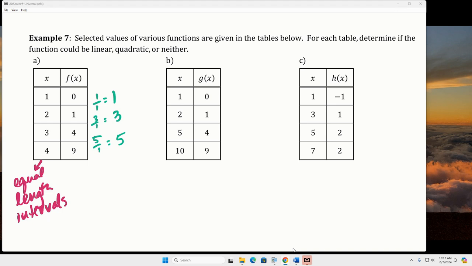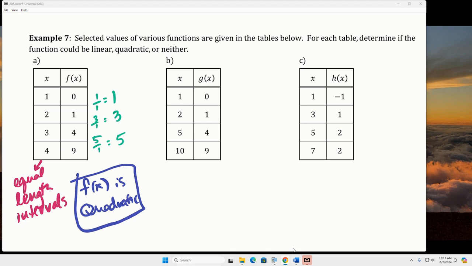Yeah, we're increasing by 2, right? So what does that mean this is going to be? Quadratic. Now there is one on your assignment, I think, where there's a geometric pattern, or you're multiplying by something each time. That's not going to work for linear or quadratic. So for it to be quadratic, you need to be increasing or decreasing by the same amount.